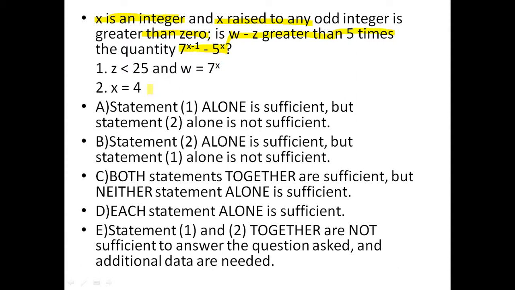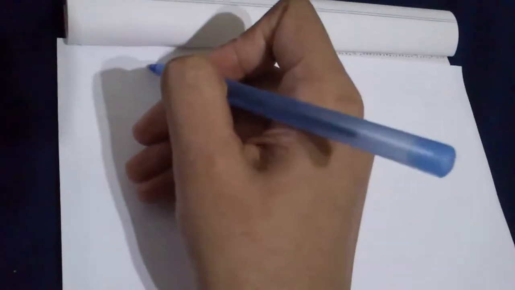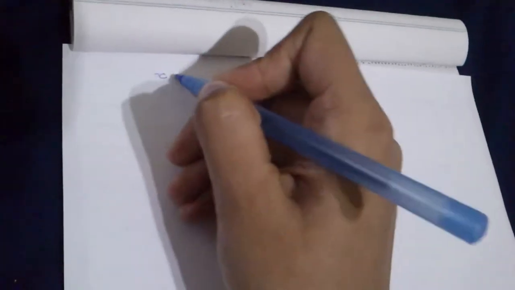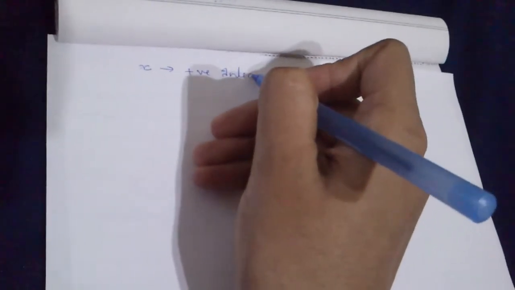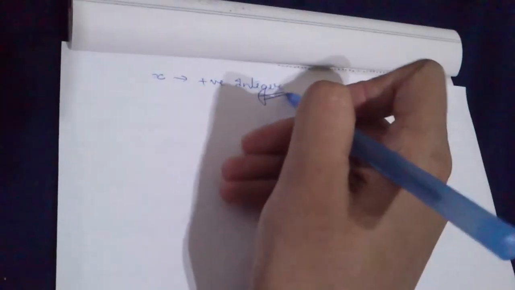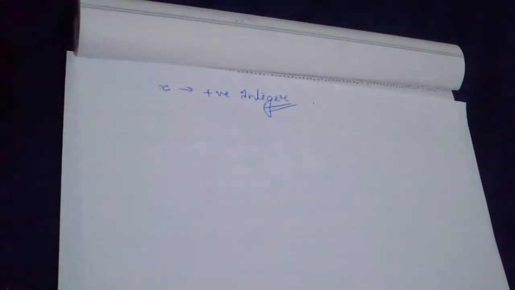Now let's see how we're going to solve this question. What we know from the question is that x is an integer, not necessarily a positive integer.